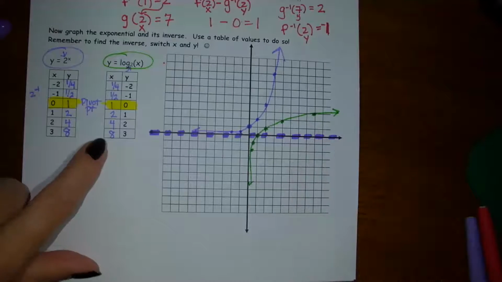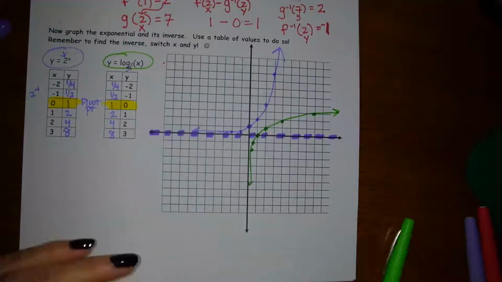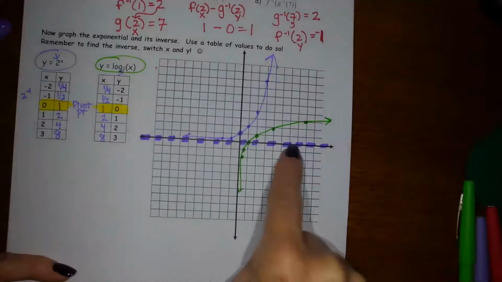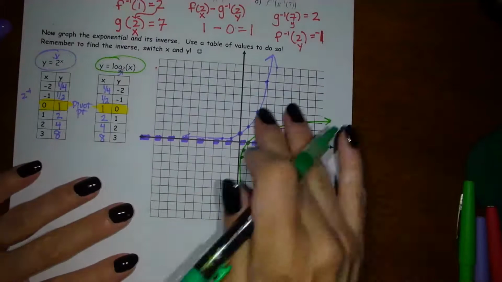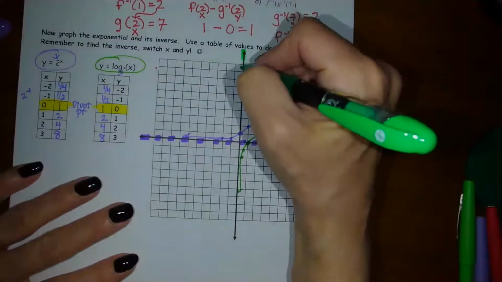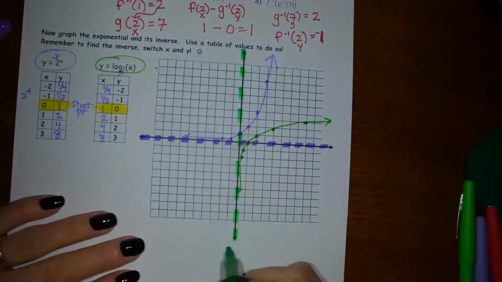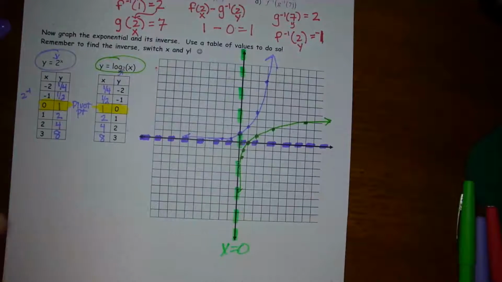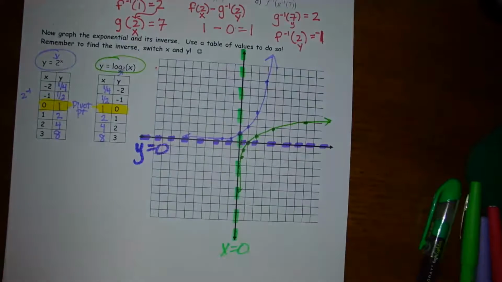Okay, and an exponential has the asymptote underneath, and you notice the log has an asymptote, right? This is x equals 0. This, of course, is y equals 0.